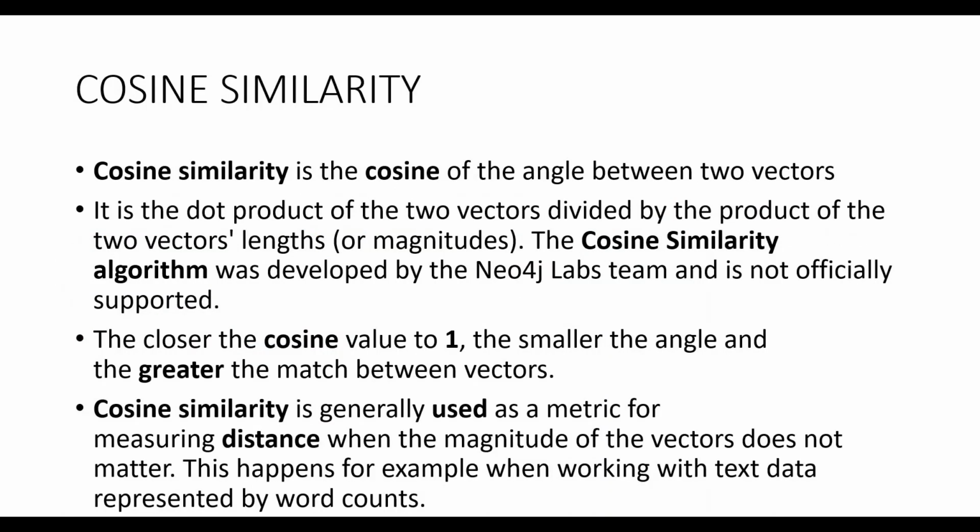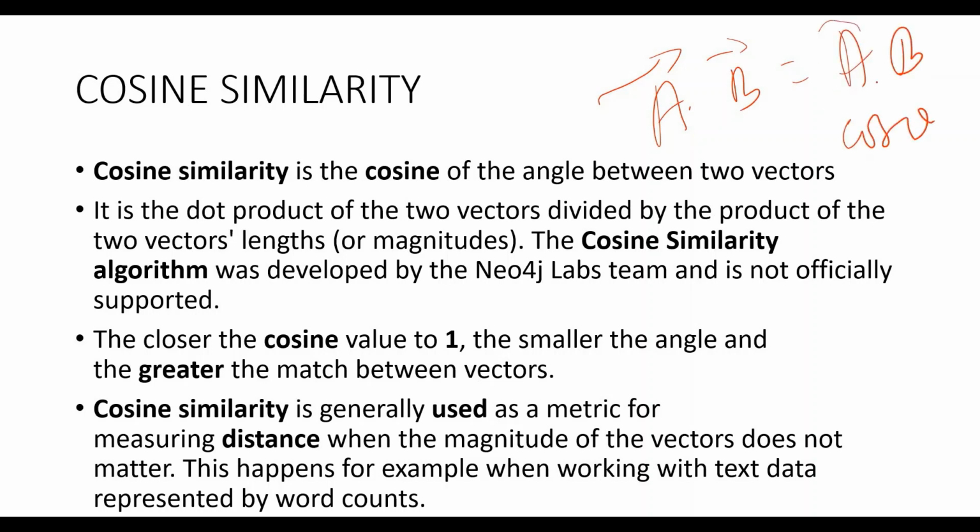Cosine similarity: as you know, the cosine is the angle between two vectors. There are two types of vector products, the dot product and the cross product. In cosine similarity, we use the dot product. This is the equation: A dot B is equal to |A||B| cos theta.